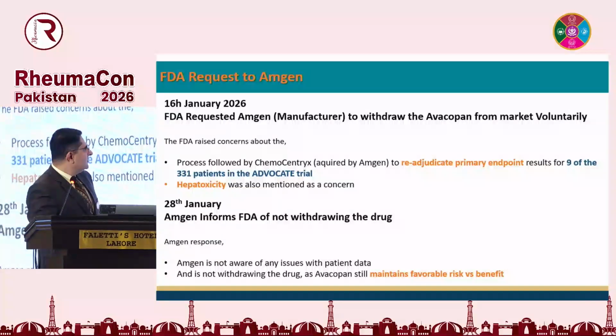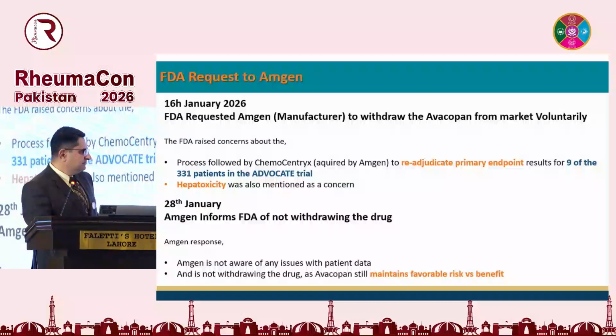On 28th January, the manufacturer denied that they are aware of any of these 9 patients having endpoint fallacies, and they are not going to withdraw the drug, as its risk is far less than the benefits.